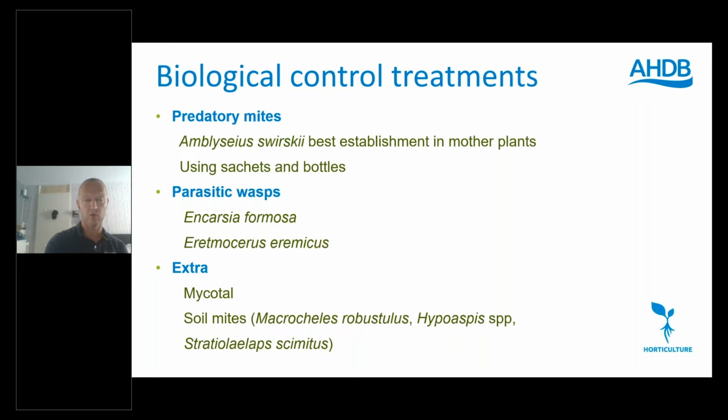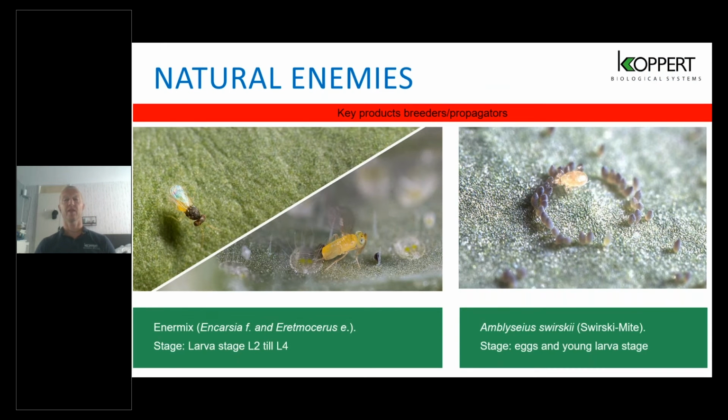And we have the soil mites. It's more for controlling the thrips, because we see thrips is becoming a bigger problem in Ethiopia, but also in Holland it is getting a bigger problem. So here you can see a picture of the natural enemies. The key products in Africa are the Enermix, so there's a mix of two wasps, and we have the Swirskii, the predatory mite.